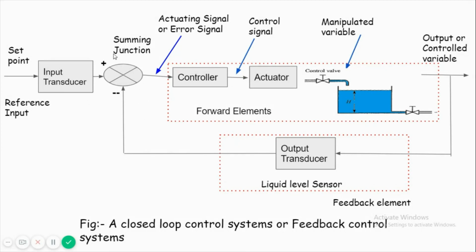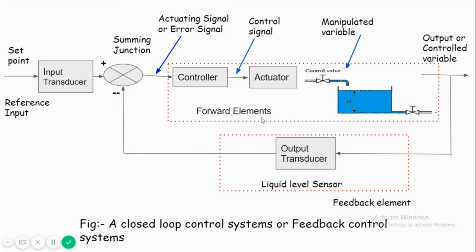This one is the comparator unit, and this line starts from the output and goes towards this comparator unit. What is the difference between the two is the direction of the signal.